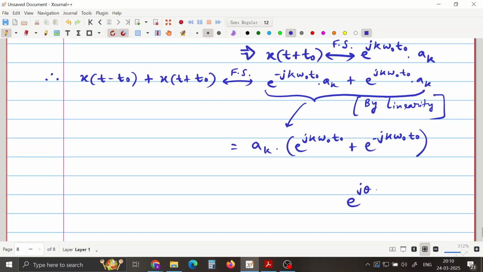We know that e power j theta plus e power minus j theta, divided by 2, is equal to cos theta. So here we can replace the sum of exponential terms by twice the cosine term, which gives us 2 a_k cos(k omega naught t naught), right?